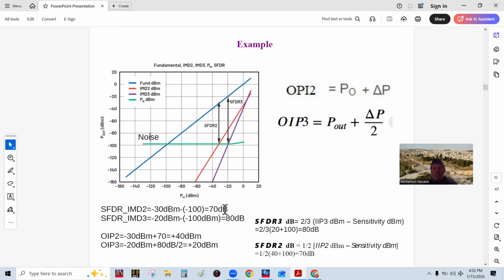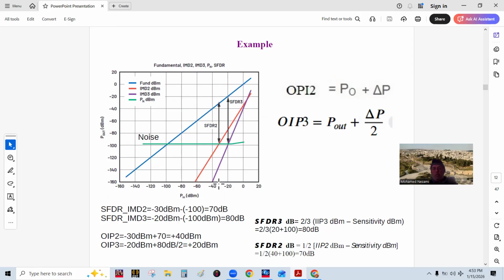So that's about 70 dB. The spurious free dynamic range of this receiver is 70 dB regardless of the third order intercept point, because the second order distortions are going to start coming up at you way earlier than the third order.